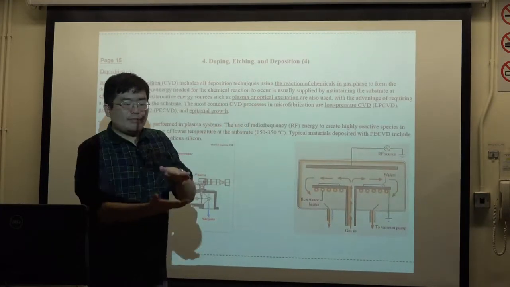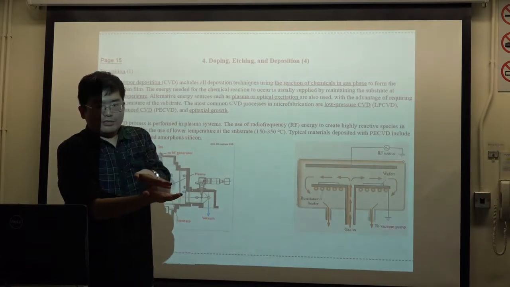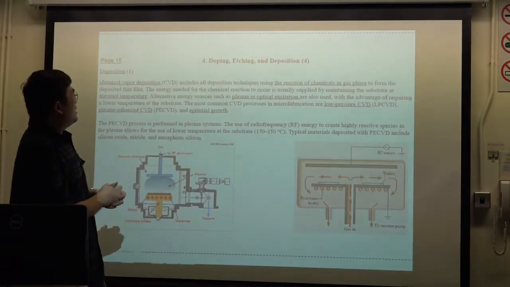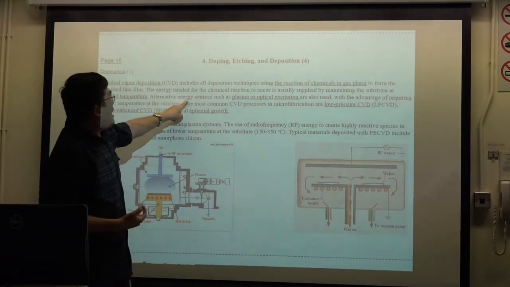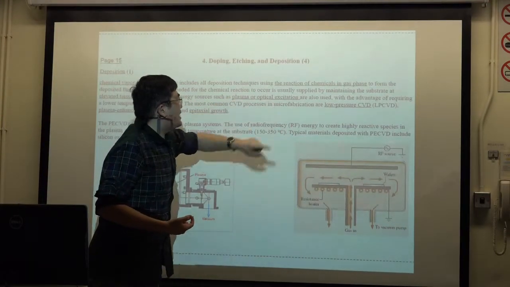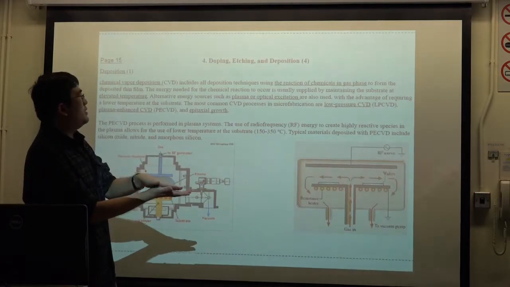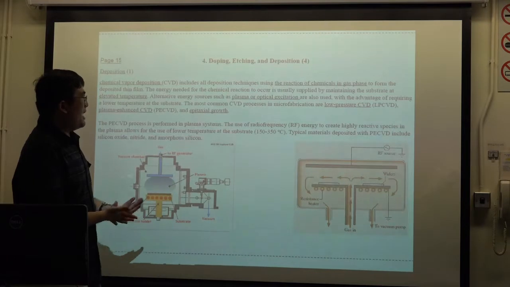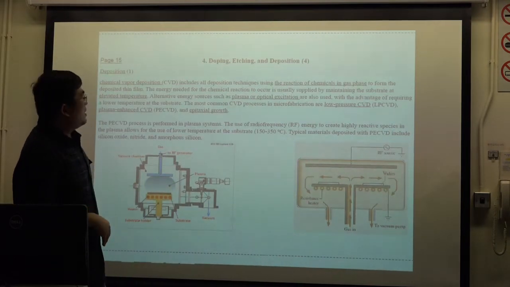Now they can do a chemical reaction. This is very important. If you use plasma or optical excitation, the temperature can be reduced. You can use a low temperature. This is why people use plasma to reduce the temperature.